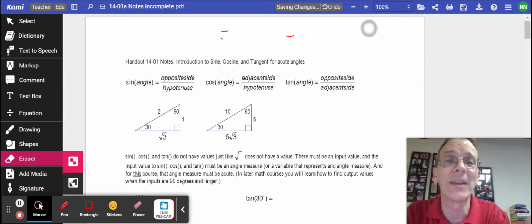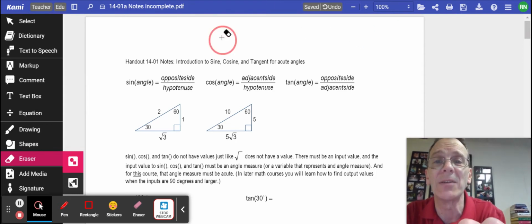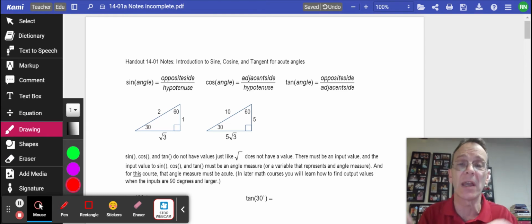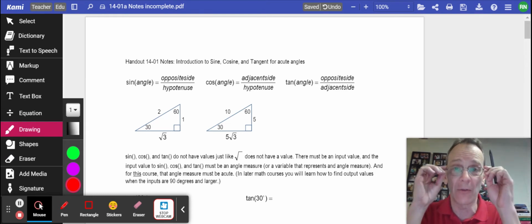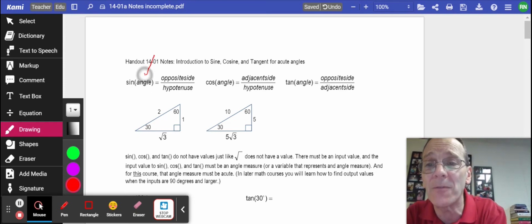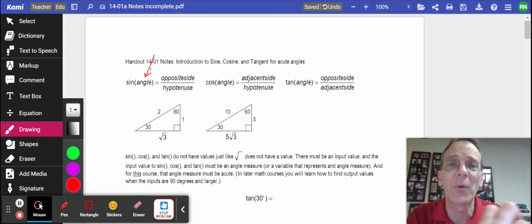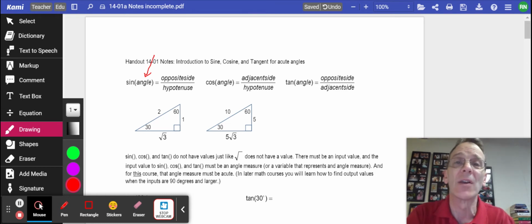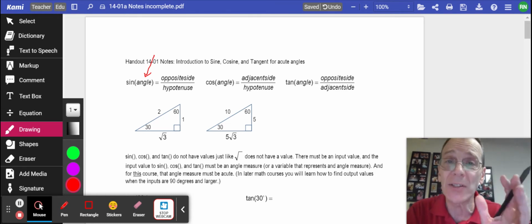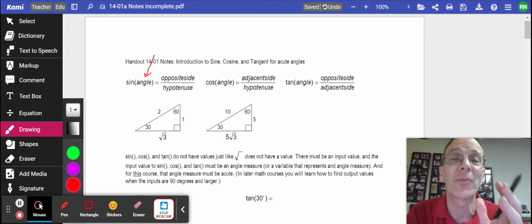I've written out the definitions for you right here of these three new functions: sine of an angle, cosine of an angle, tangent of an angle. First of all, before we talk about what it means, notice that the input value to any one of these three functions is regarded to be an angle measure, not just a number, but a number that represents an angle measure.